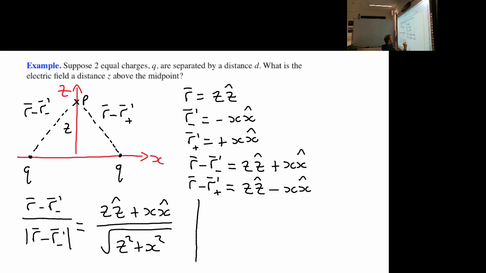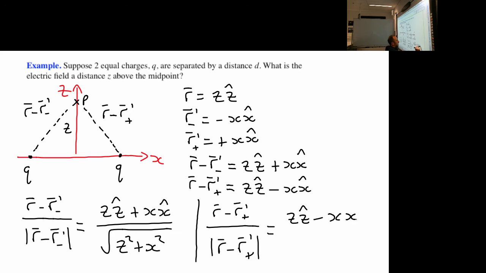And our other unit vector is r minus r prime positive over that magnitude, which is equal to z hat minus x hat over the square root of z squared plus x squared.